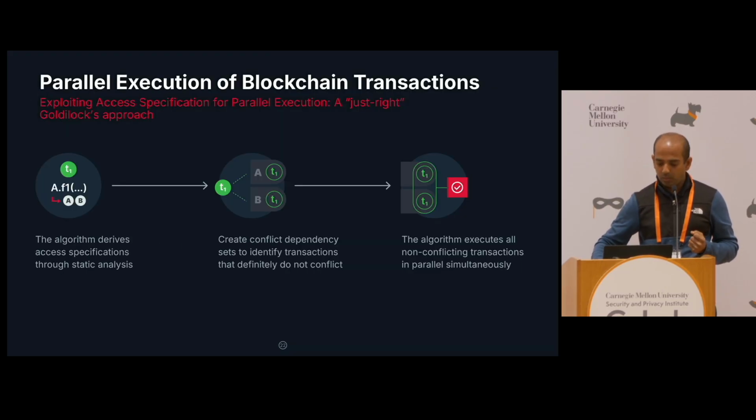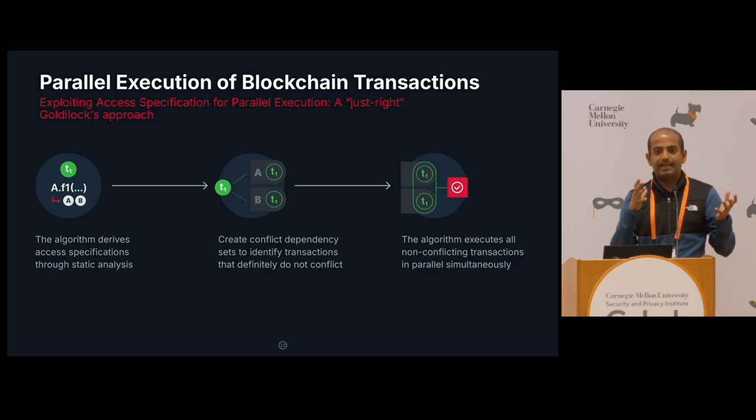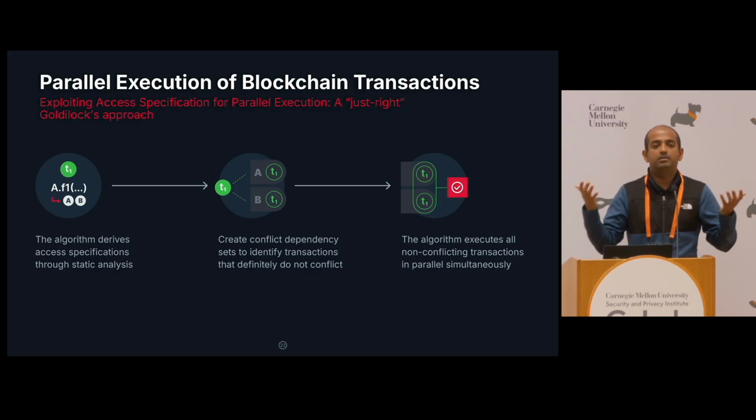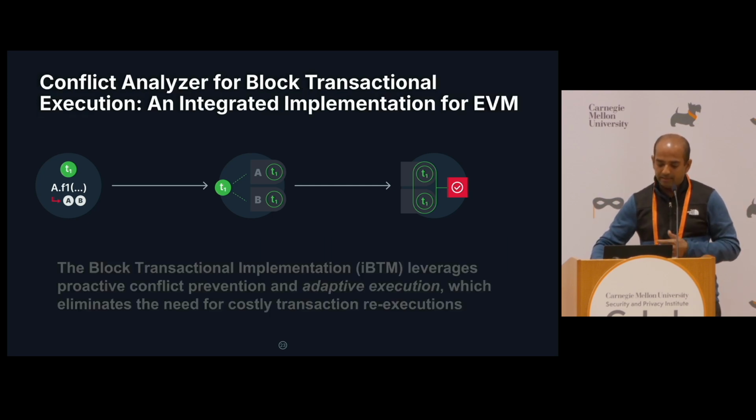Is there a world where we could build algorithmically some of these access specifications, these conflict dependencies, and leverage that information in a best-effort manner in order to bridge the gap between the performance of both worlds? And that is my insight into this talk, so to speak.